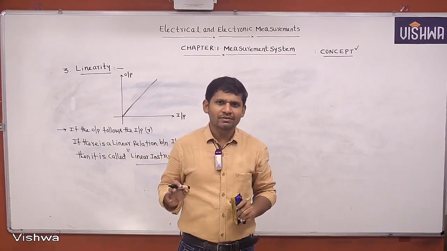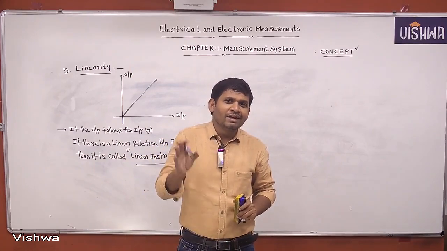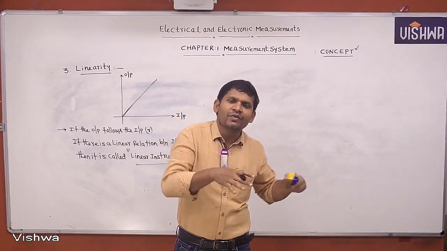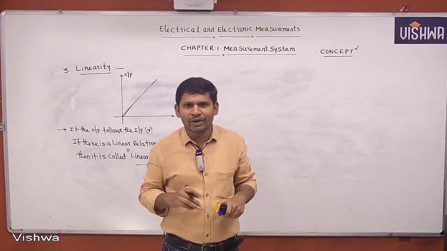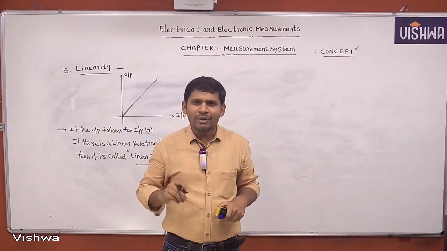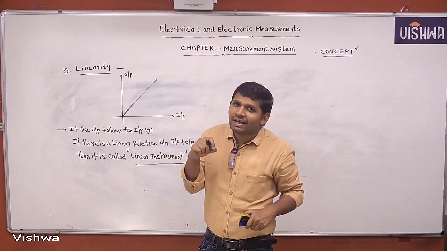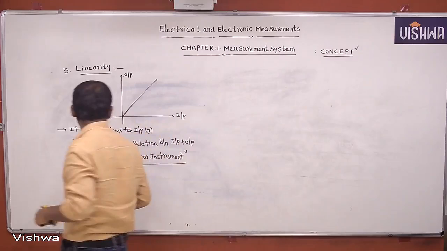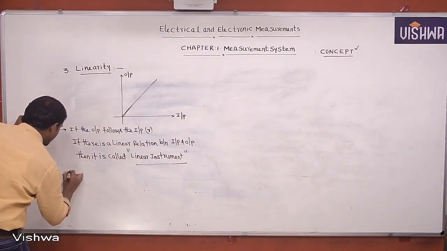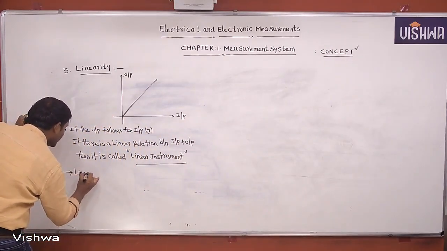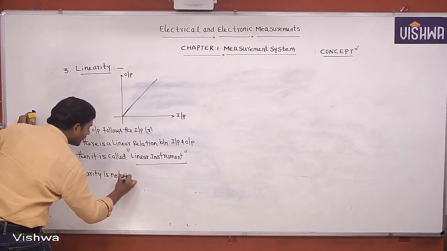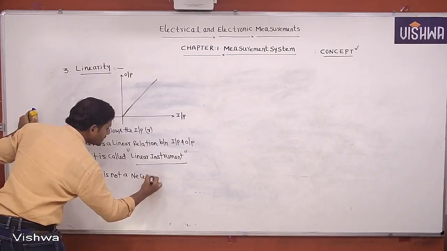That is meaningless. If it is there, you select it. If it is not there, then you go for a non-linear instrument also. No problem. For any instrument, linearity is not a necessary condition.